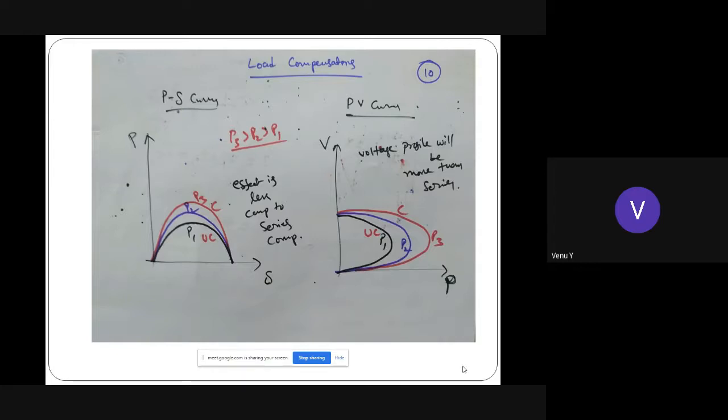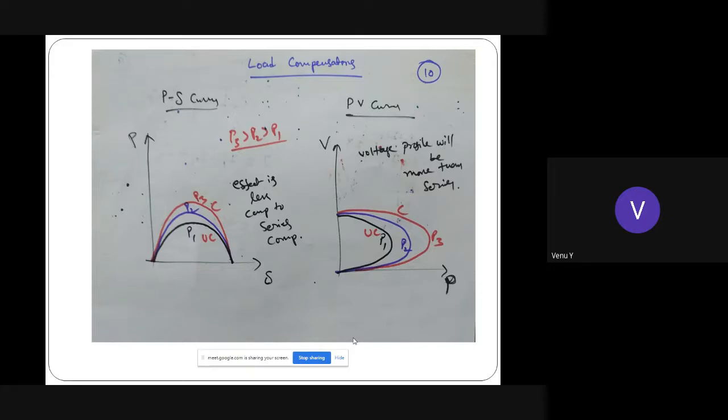So coming to the next point of your load compensators, the power angle curves and PV curves. In the power angle curves, you have P1, P2, P3. P1 is equal to V1 V2 by X sine delta. V2 can be improved with the help of compensator, and hence P2 is equal to V1 V2 dash by X sine delta.